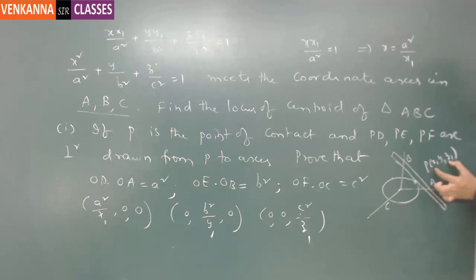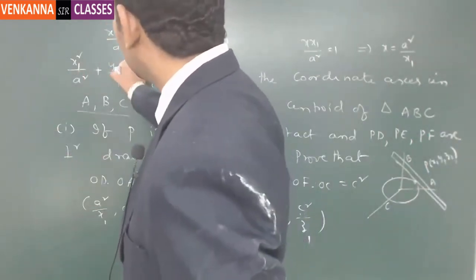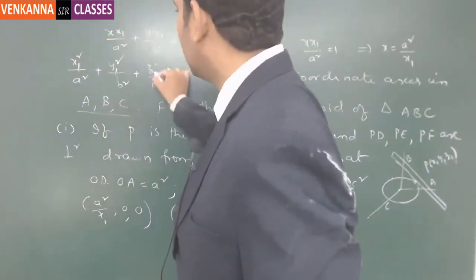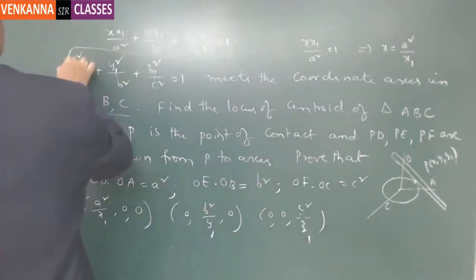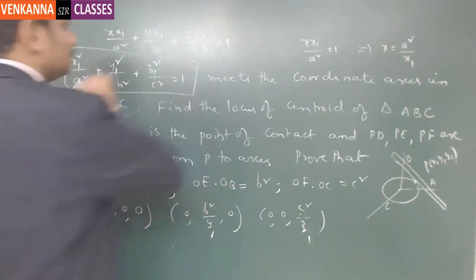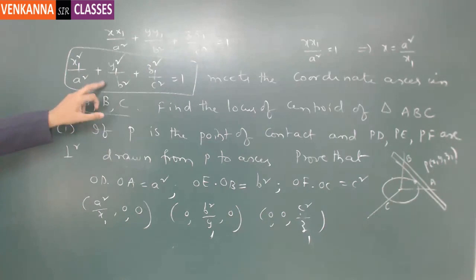So the point satisfies the ellipsoid equation. So you have x1 square by a square plus y1 square by b square plus z1 square by c square equal to 1. Accepted? Are you getting the idea or not?